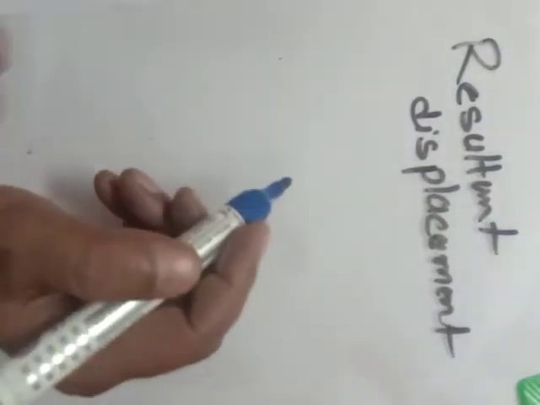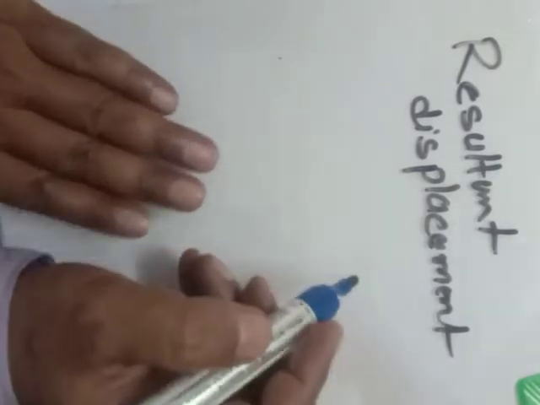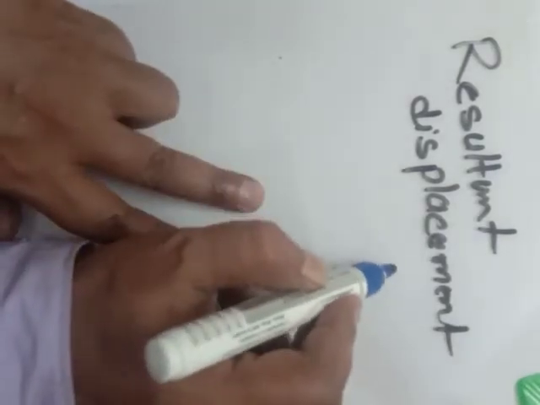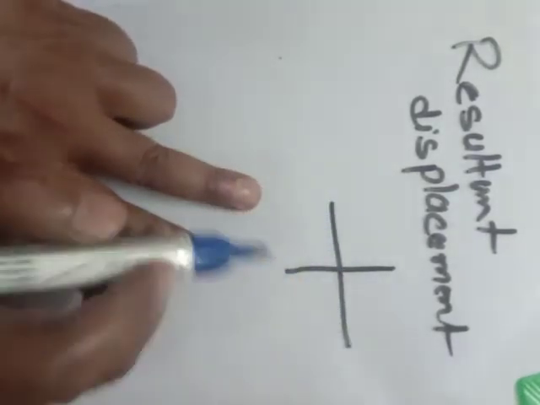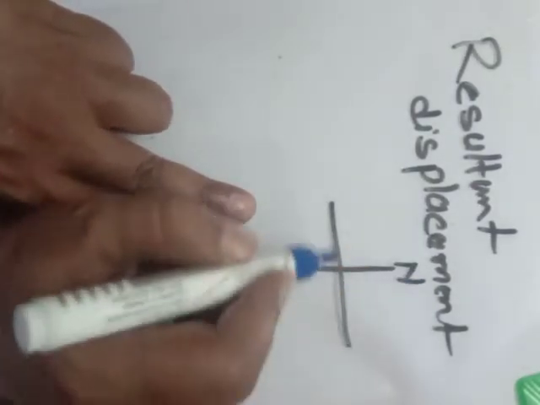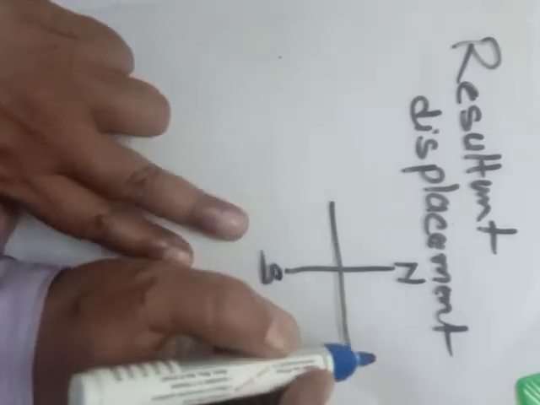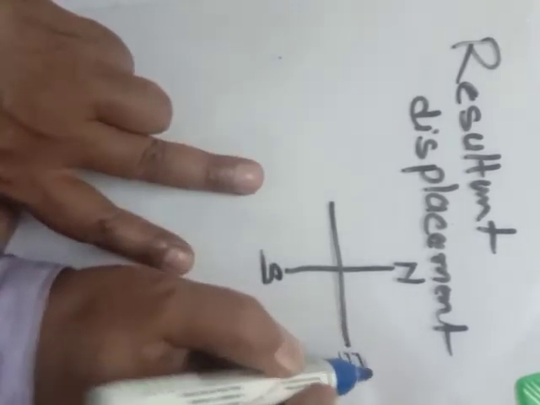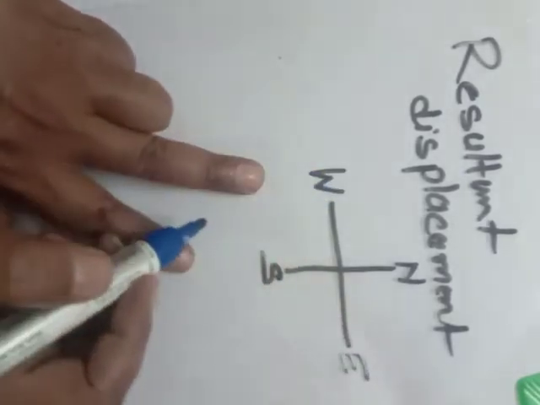Okay, so just take a diagram of direction. For convenience we will draw it like this. This is north, south, east, and that will be west.